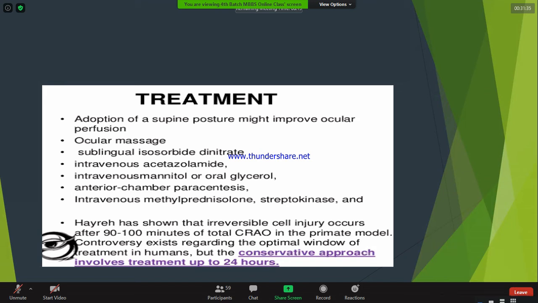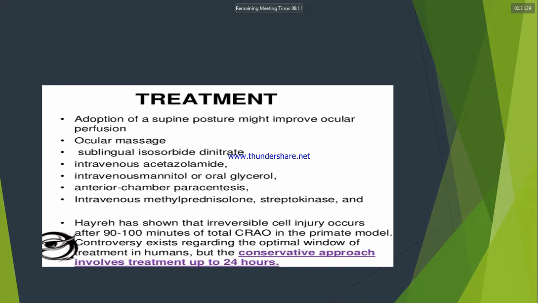So at least we can put the patient in supine position, we can do the ocular massage, we can give the sublingual isosorbide, and we can push the intravenous acetazolamide. Anterior chamber paracentesis cannot be done in the first steps, but it can be done in the second step. And intravenous methylprednisolone we can push. So this is the emergency treatment.